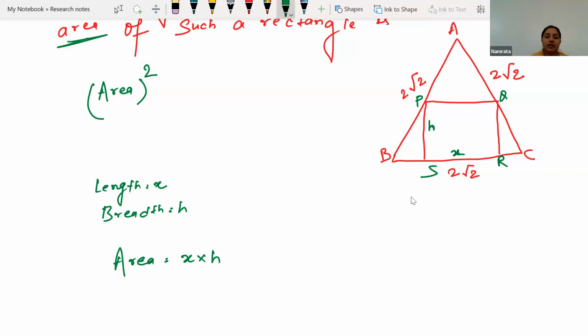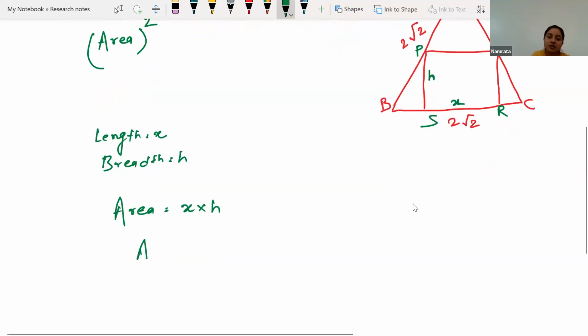Now area, we can represent it with A, that is equal to X into H. Now from here, if we start doing the derivative, you can see we have two variables, one is X, another is H.